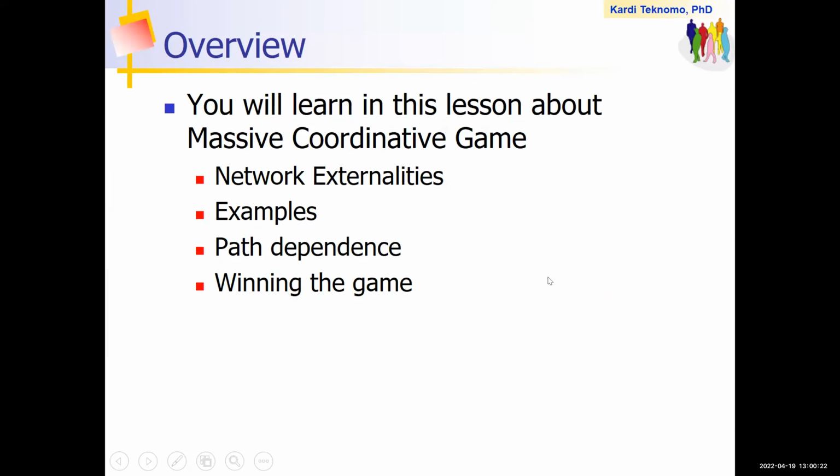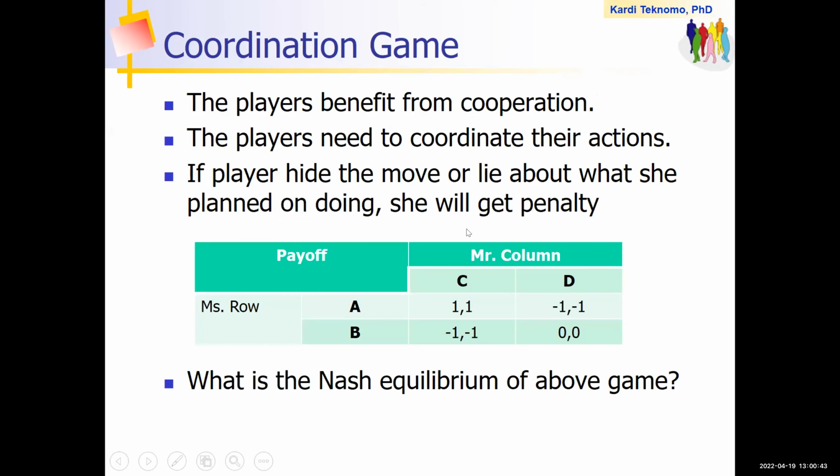In this lesson you will learn about what is called the massive coordination game. So it has many players, n persons, not just 2 agents, but many agents. N-person games.